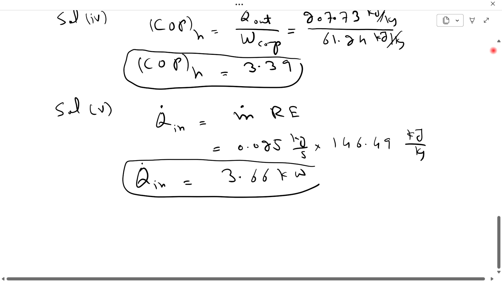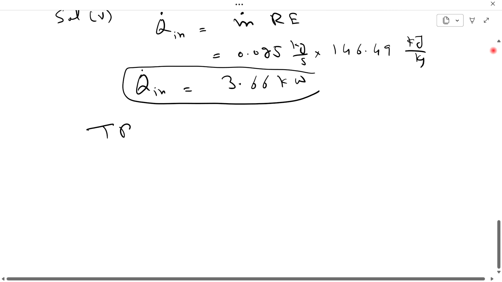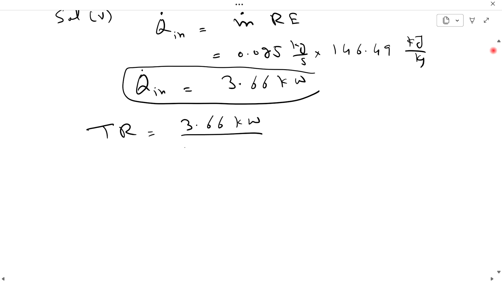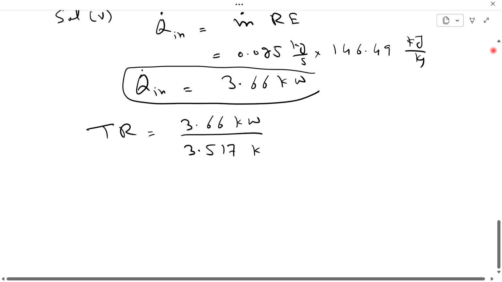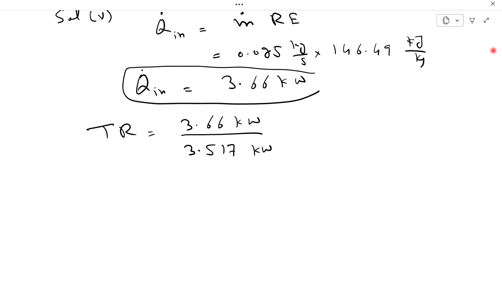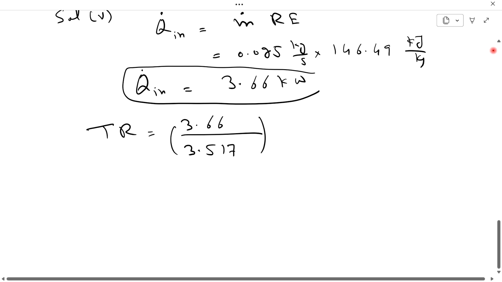Now the ton of refrigeration is equal to 3.66 kilowatt divided by 3.517 kilowatt, because 1 ton of refrigeration is equal to 3.517 kilowatt.